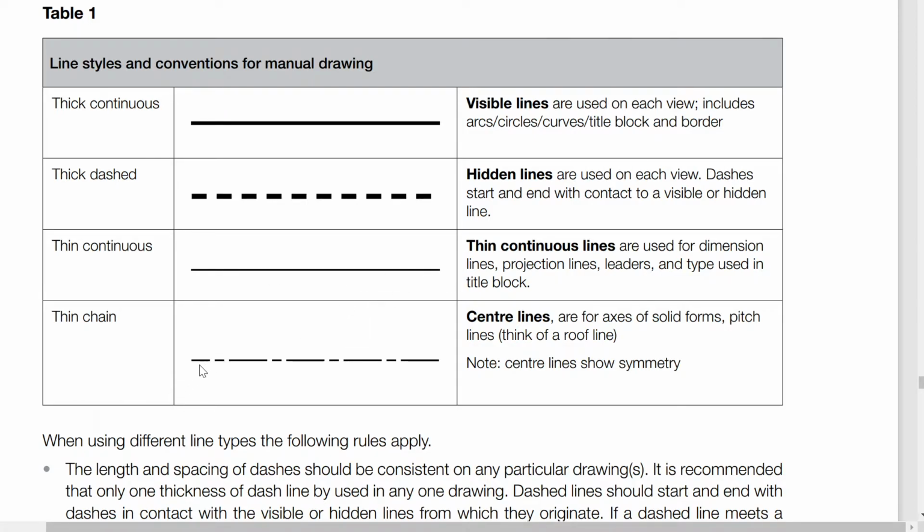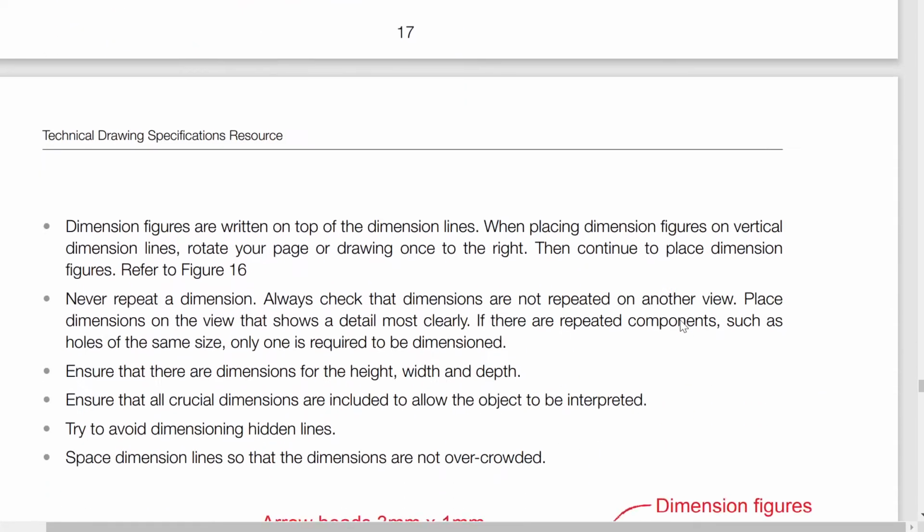And we draw something else called center lines. Center lines show us the center and they show symmetry, right? Usually rotational symmetry, so things like cylinders and spheres. And if we have something that's mostly cylindrical but has some square sections, there are some rules for that and how we show that as well.